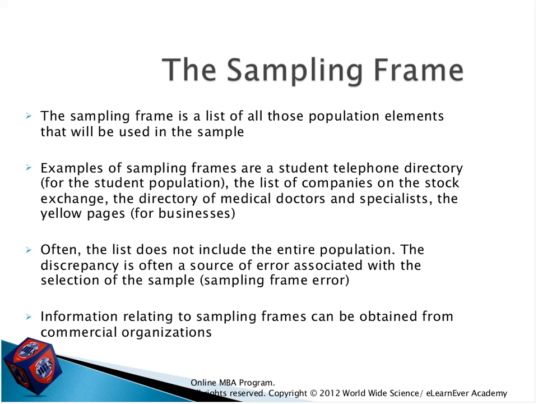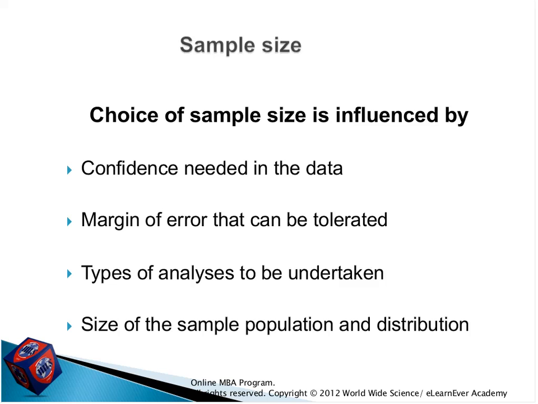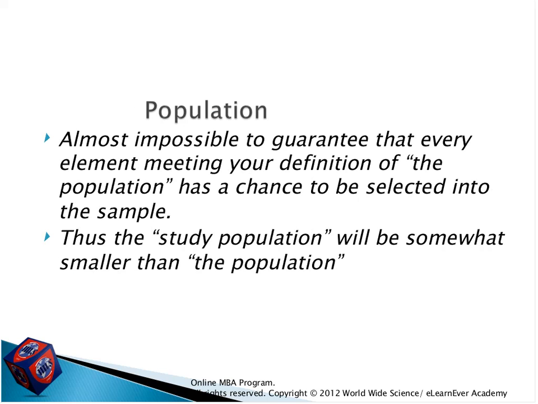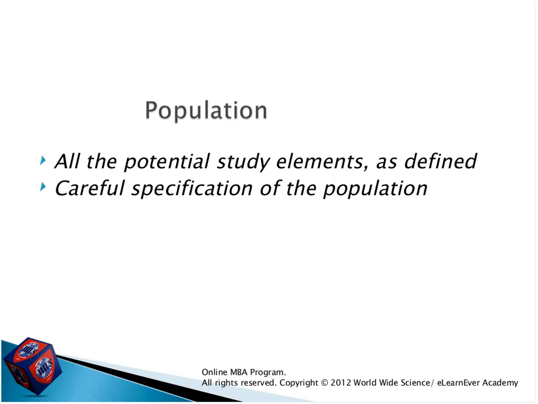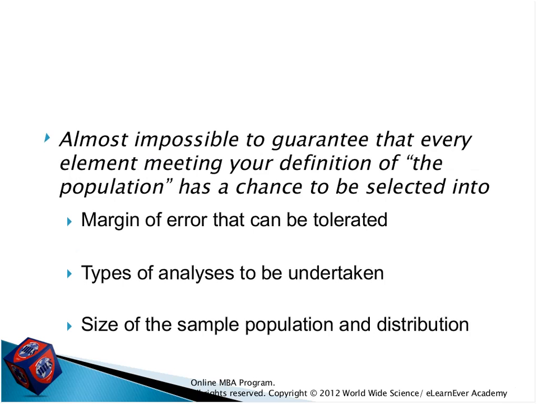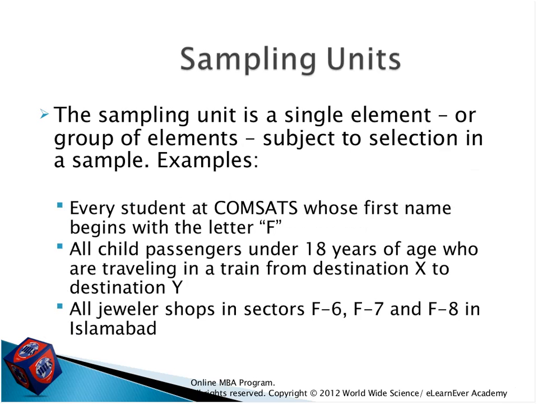The sample frame, as you remember here: first we should have defined the target population, that we talked about. Now, after that, we should select a sampling frame. So, what is a sampling frame?